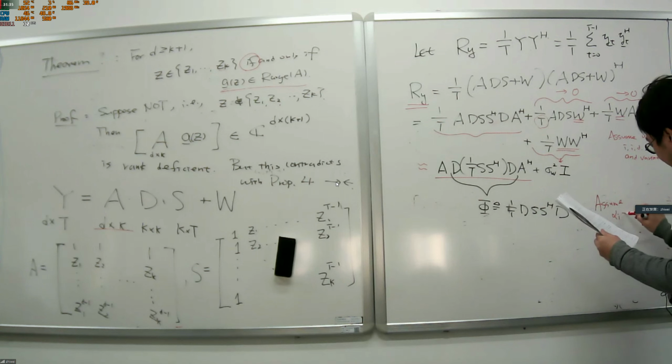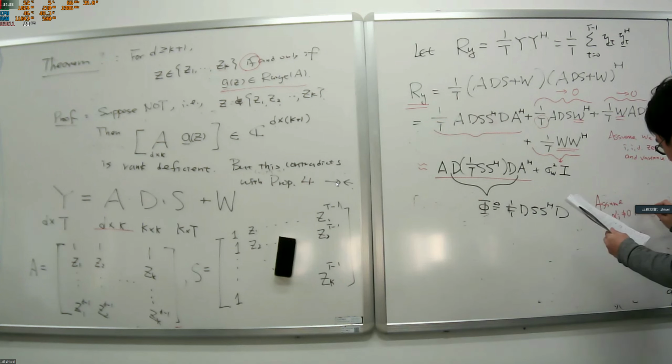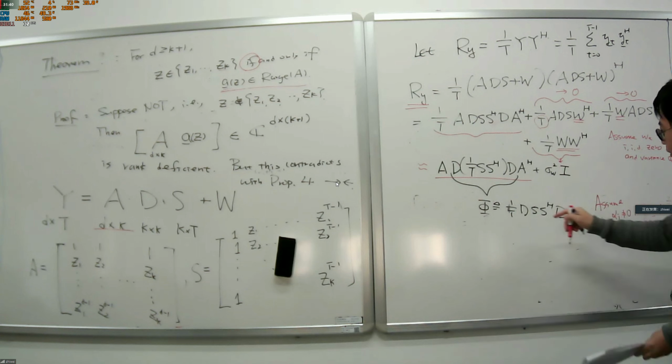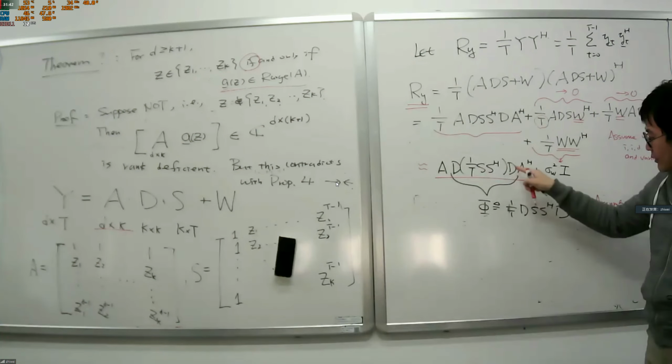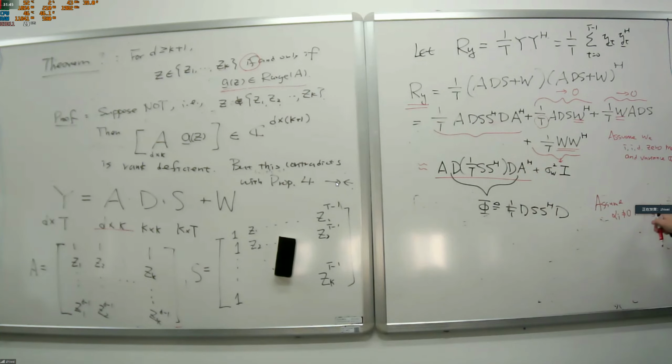First of all, alpha I will assume they are non-zero, so this D is diagonal with alpha 1 to alpha K, an invertible matrix.